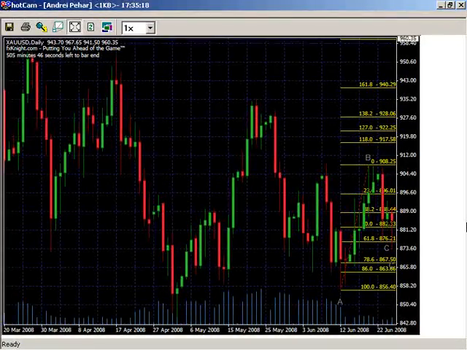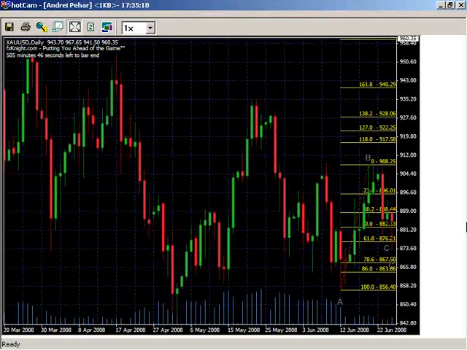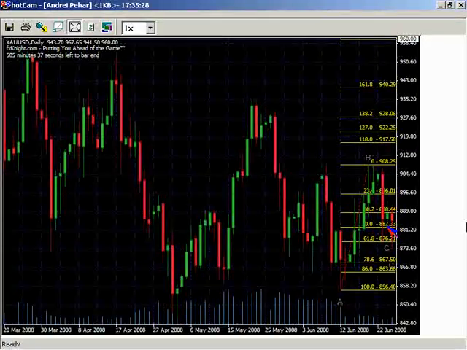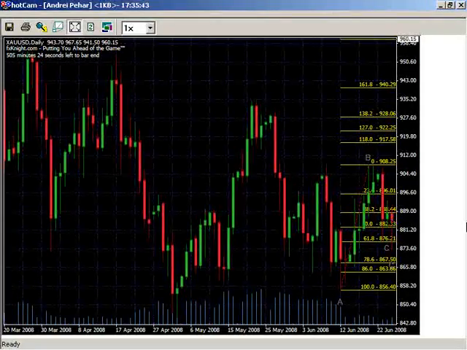The other common ones that you will encounter more often than not: 50%, which also goes to 161.8. So 50 down here. And 38, which typically goes to 138. Those are the three most common patterns you'll see out there, and the ones I recommend you start out trading.